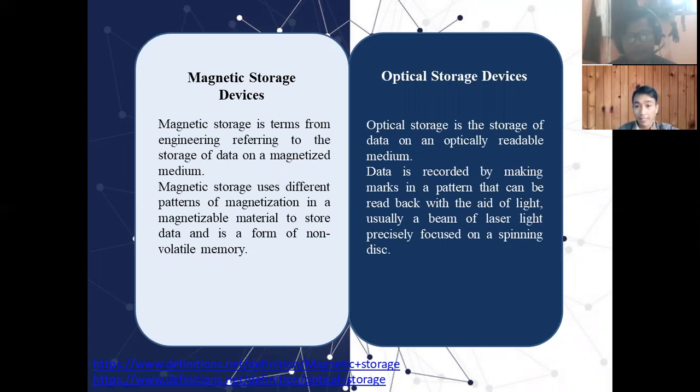And optical storage devices store data on an optically readable medium, and the data is recorded by making marks in a pattern that can be read back with the aid of light. It's usually a wave of laser light precisely focused on a spinning disk.